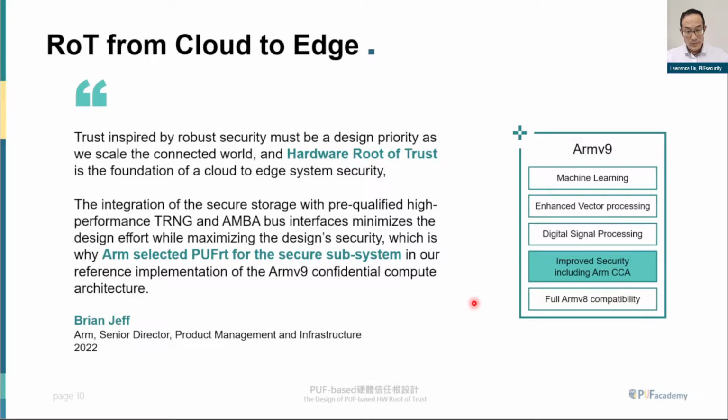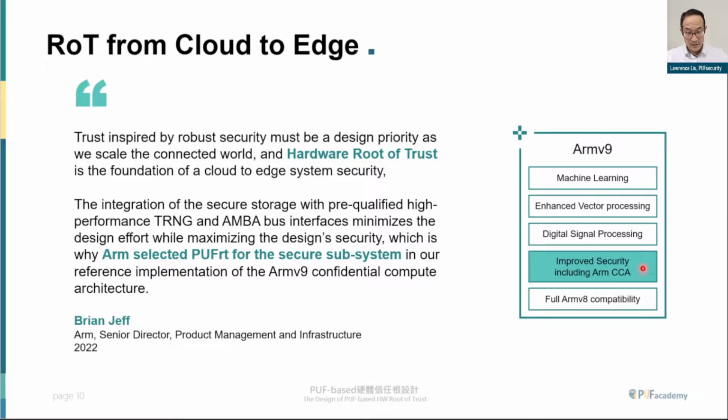And a root of trust has become such an important concept in security that even ARM Holdings has declared it the foundation of cloud-to-edge system security. So PUFsecurity's PUFrt root of trust has been selected as an integral part of their reference secure subsystem, abbreviated as RSS, in the latest v9 ARM architecture, here in regards to the confidential compute architecture, the CCA.